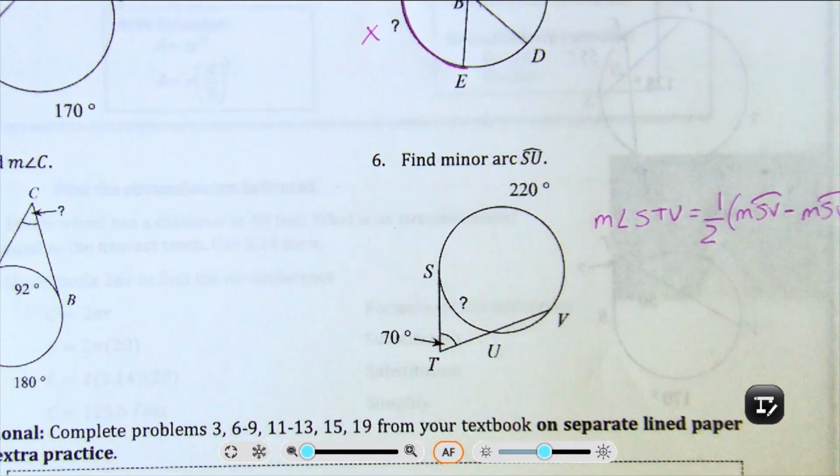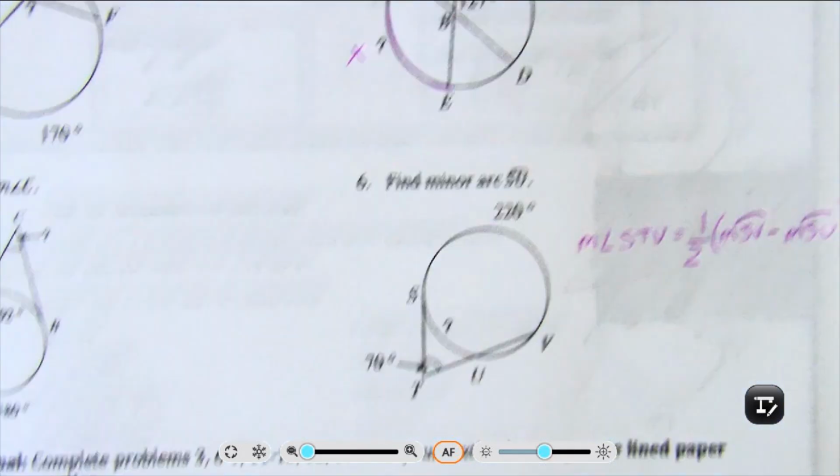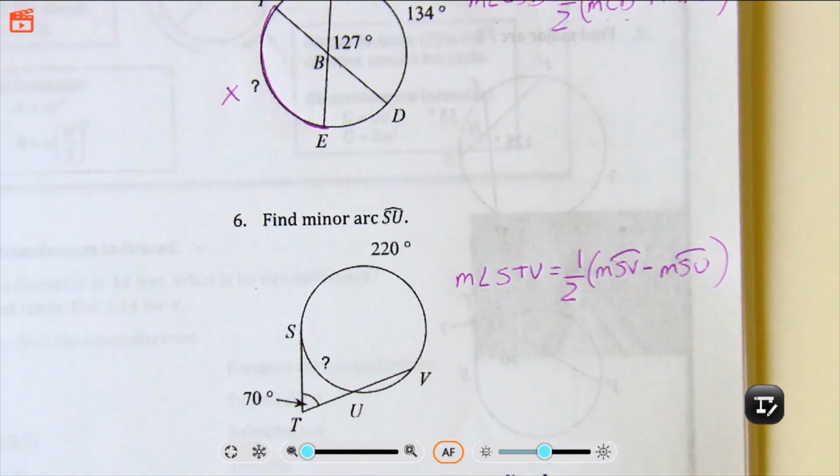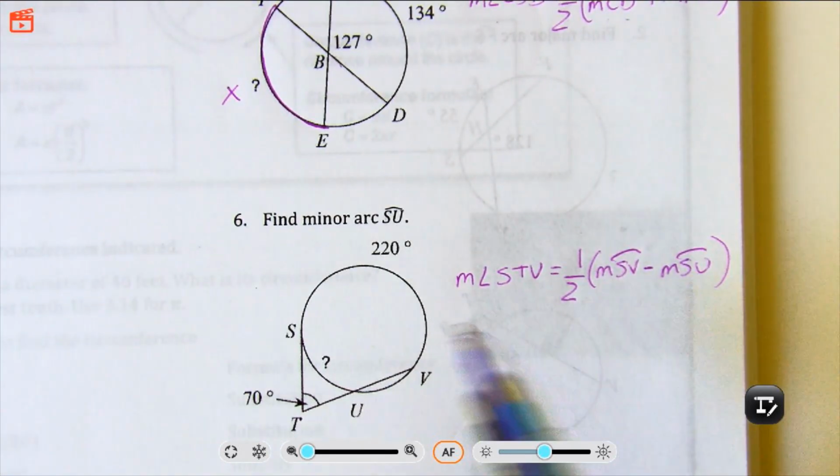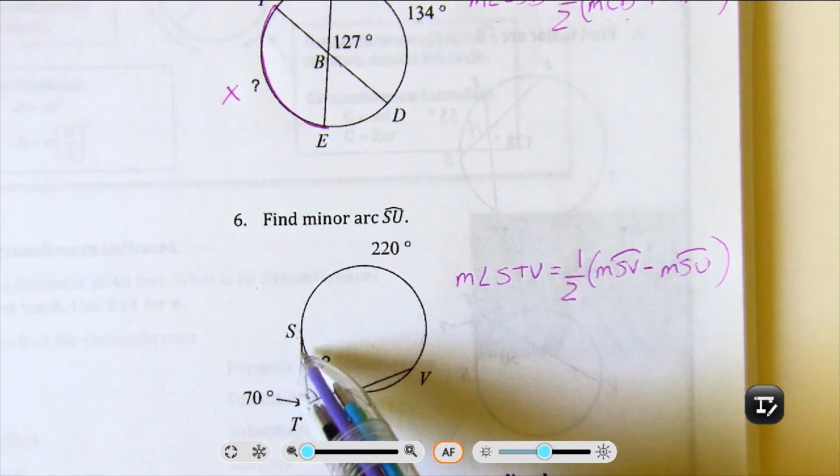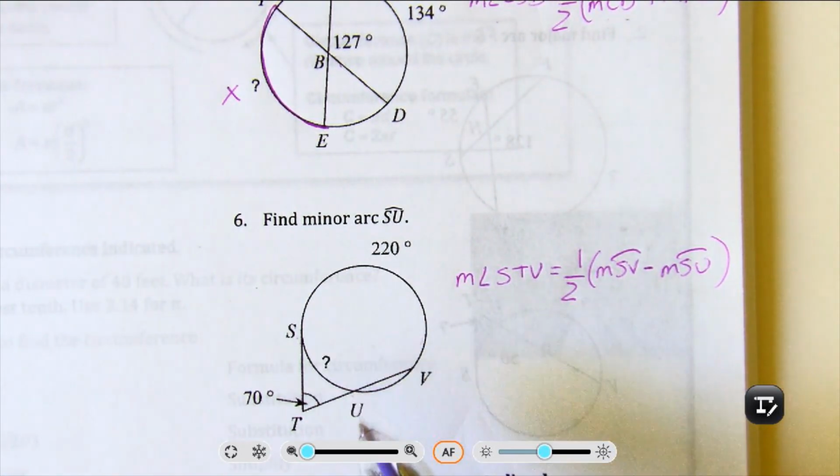So the major arc minus the minor arc. Now we're going to call this SU X. SV is 220, and we know angle STV is 70 degrees.